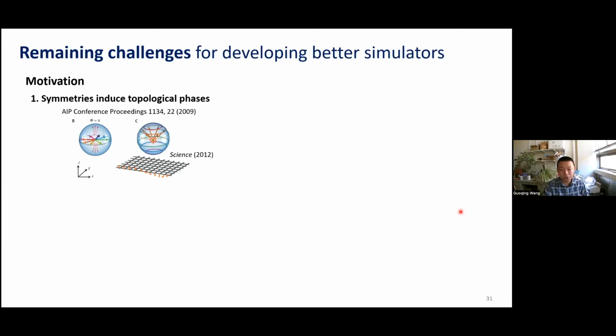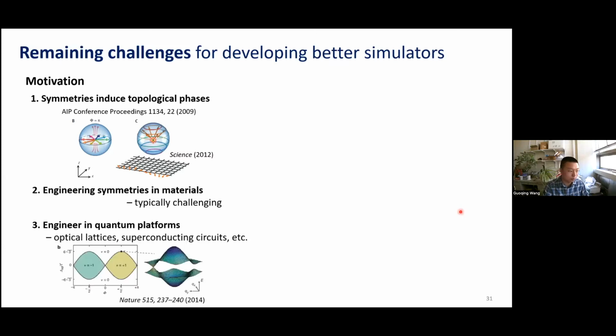However, in quantum materials and condensed matter physics, it is usually hard to grow materials with some desired symmetry. So people in AMO physics and other quantum platforms have used optical lattices and superconducting qubits to simulate a lot of different interesting topological phases and symmetries.